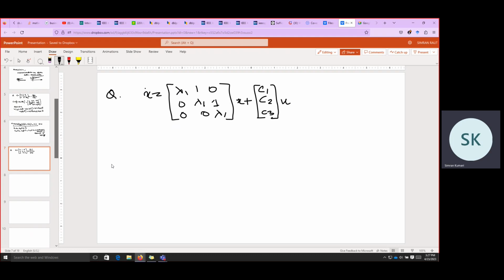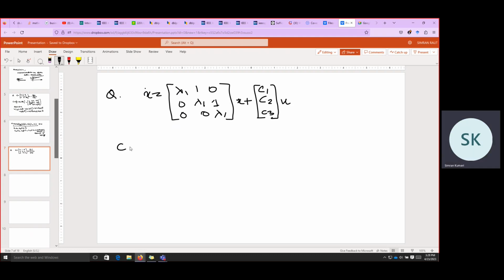Again, we have to check whether this system is controllable or not. If it is controllable, that means we can place or shift all the poles or eigenvalues of the A matrix. And if it is not controllable, we have to find which states are controllable, and if the uncontrollable states are stable, then we can say this system is stabilizable, and we can design a controller.